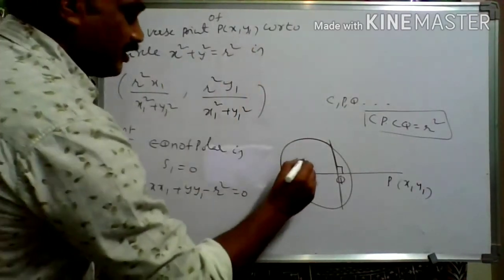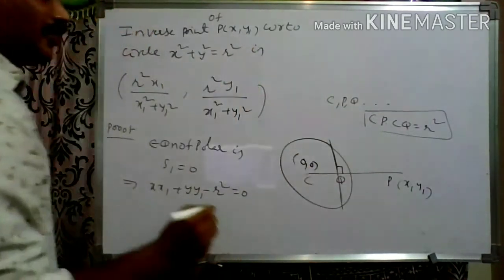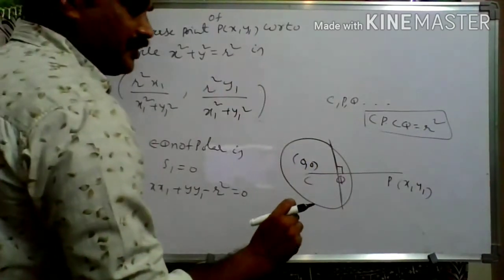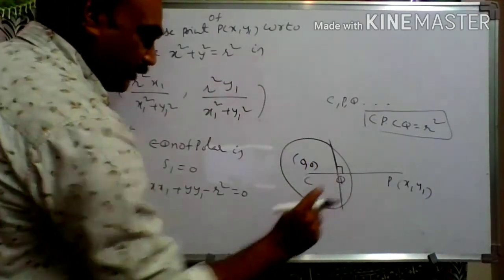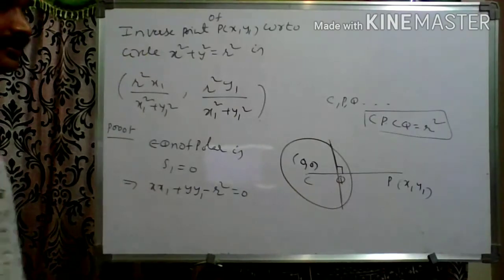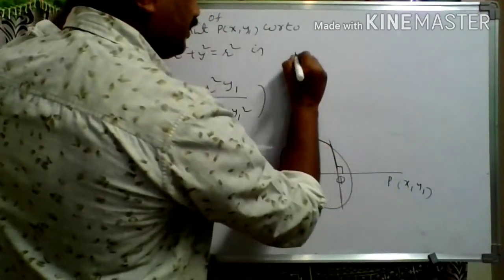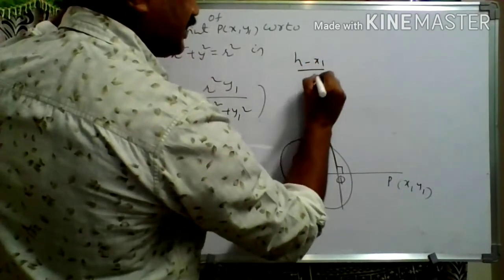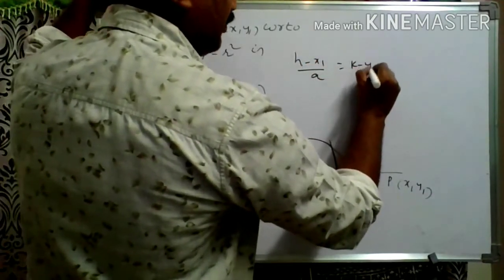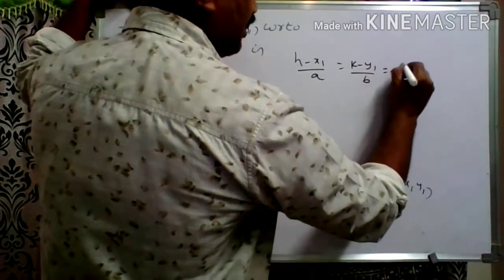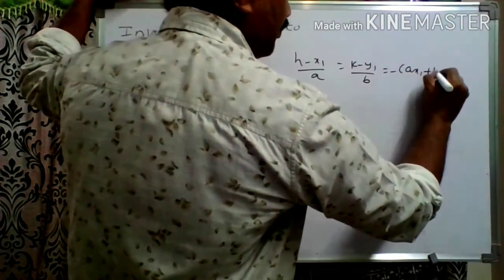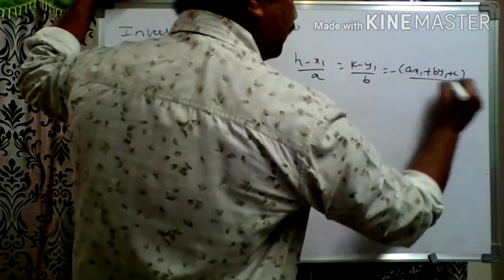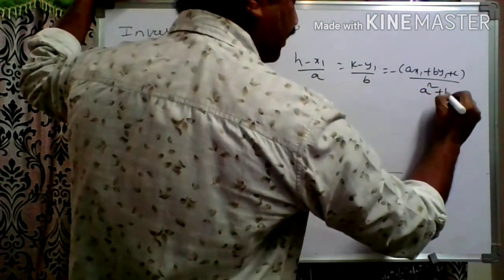Students, here center is (0, 0). So inverse point is the foot of the perpendicular from center to polar. This is polar. Next, calculate the foot of the perpendicular. Foot of the perpendicular formula: (h minus x1) by a is equal to (k minus y1) by b is equal to minus of (ax1 plus by1 plus c) by (a square plus b square).